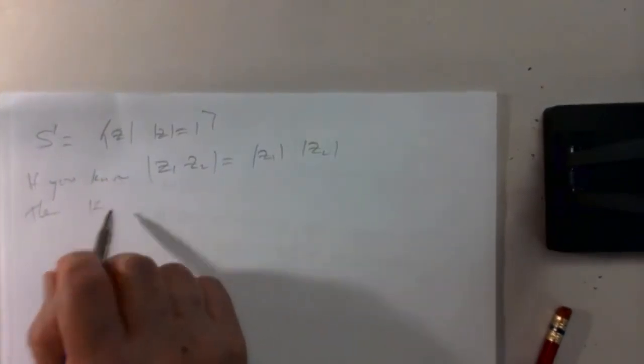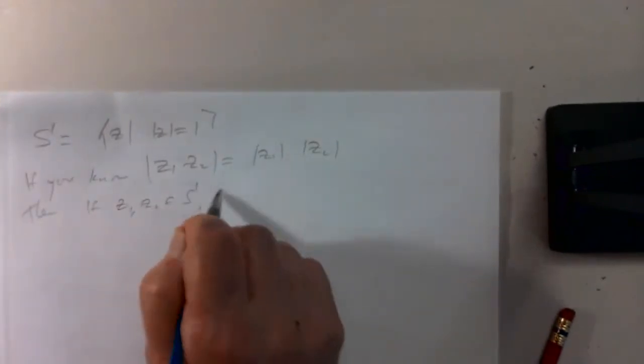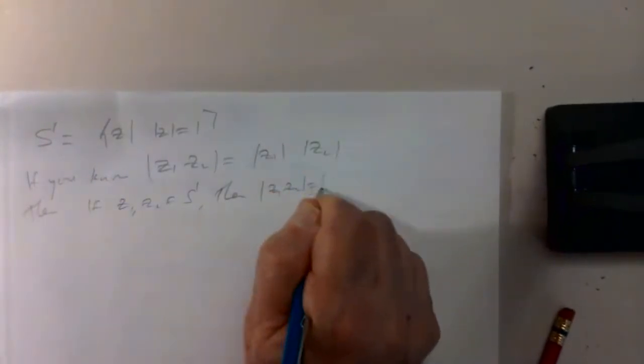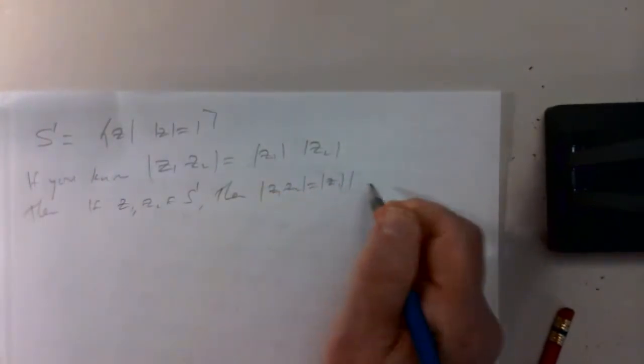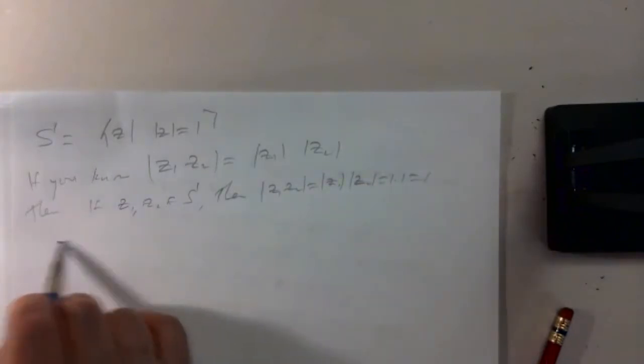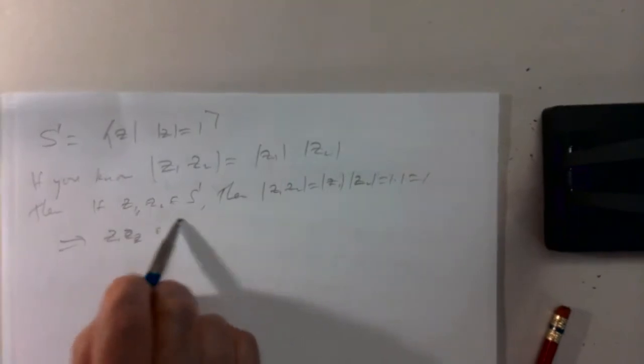If z1, z2 are in S1, then the absolute value of z1 z2 is the product of the absolute values of these numbers, which is 1 times 1, which is 1. So that means the product is in S1.